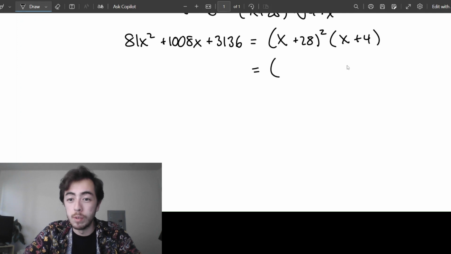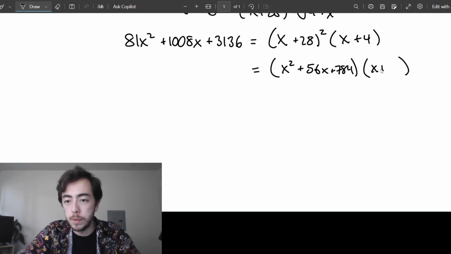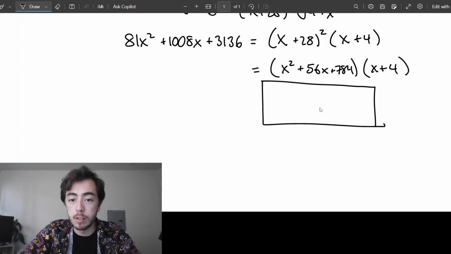I'm going to multiply or square yet another binomial, x squared plus 56x plus, and then 28 squared is 784, all multiplied to x plus 4. I am going to do an area model for these guys, and so I'll put my x and my 4 over there. I'll multiply all my terms, so x squared and x make x cubed.